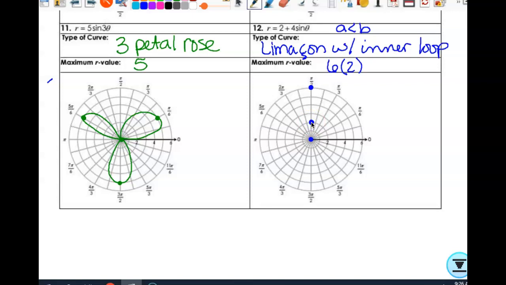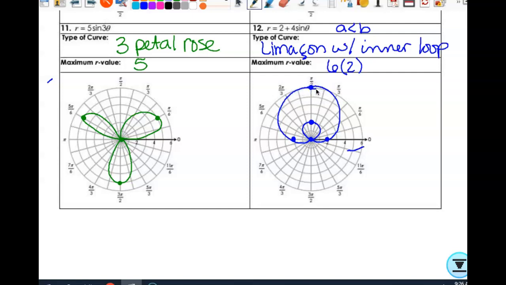Then I need to check to see if it crosses the x-axis. So I'm going to substitute in 0. So sine of 0 is 0, so I'm really here at 2, and here at negative 2. Then I'm going to sketch. Okay. My inner loop, I got a loop right there. My outer loop, I come down a little bit and come around, come down a little bit and come around.